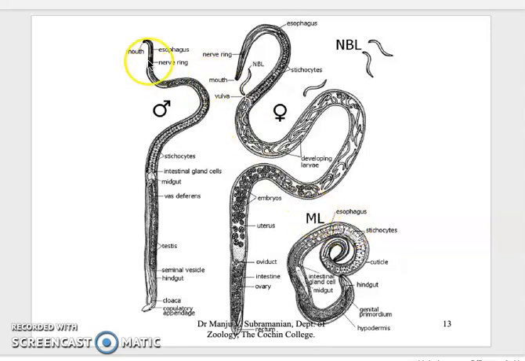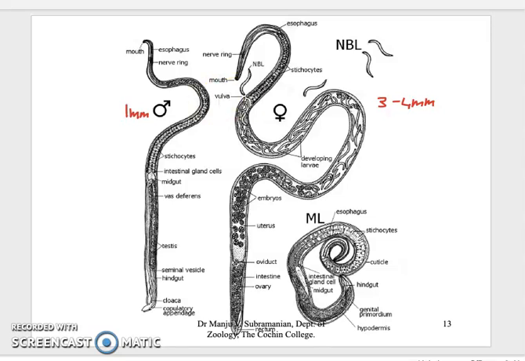As you can see here, this is a male one and this is a female one. The male is smaller in size, about 1 millimeter in length, and the female is 3 to 4 millimeter long. So from this picture itself, it's clear that the females are larger, about double the size of the male.